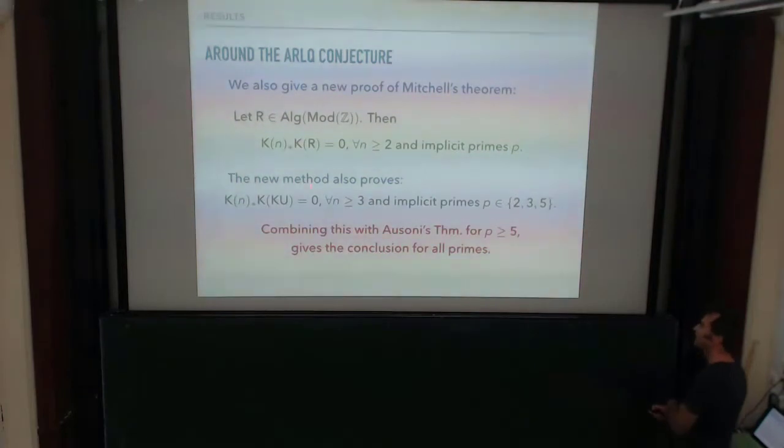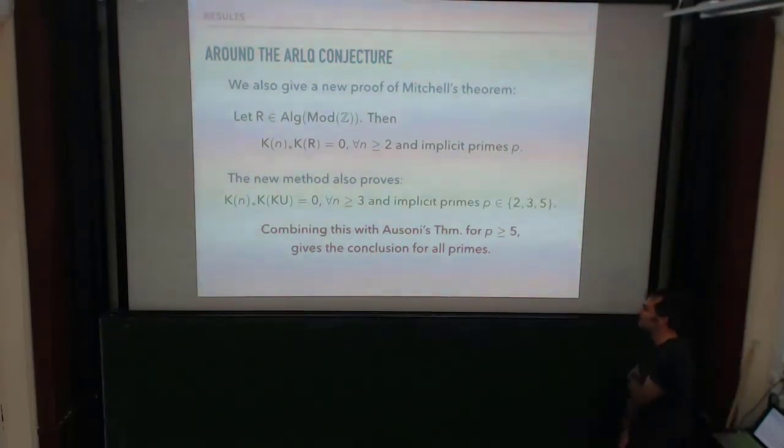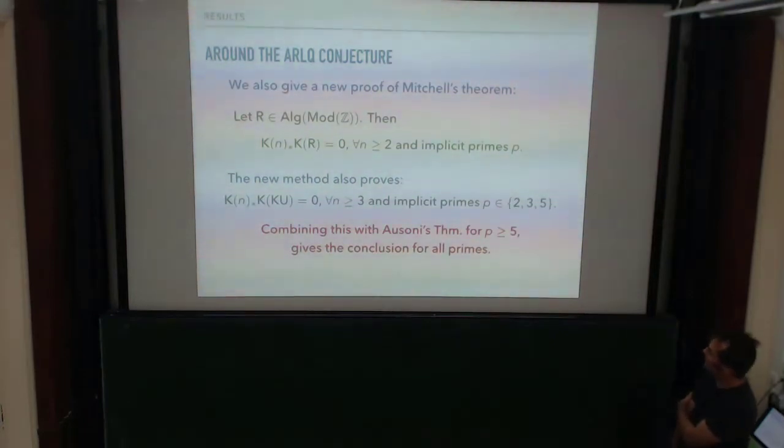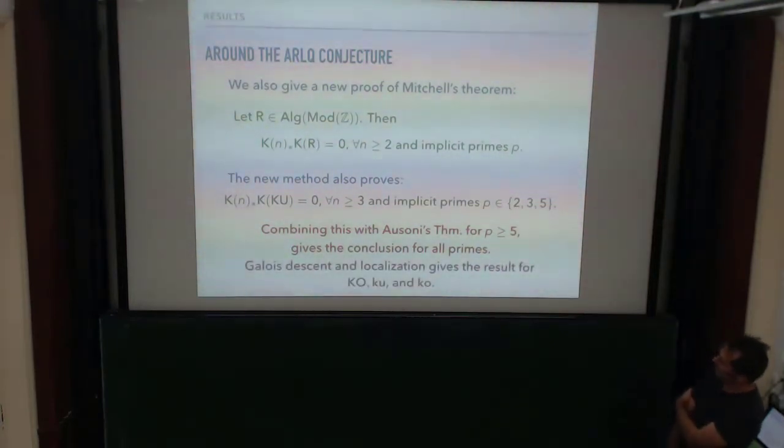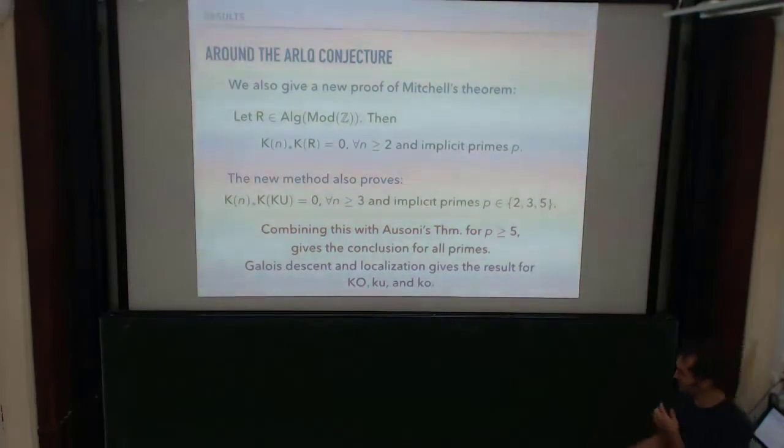We actually have a lot more examples of this type now, in particular at the prime 2. So you can use Galois descent and localization sequences to say the same sort of vanishing results hold for real K-theory and these connective covers.